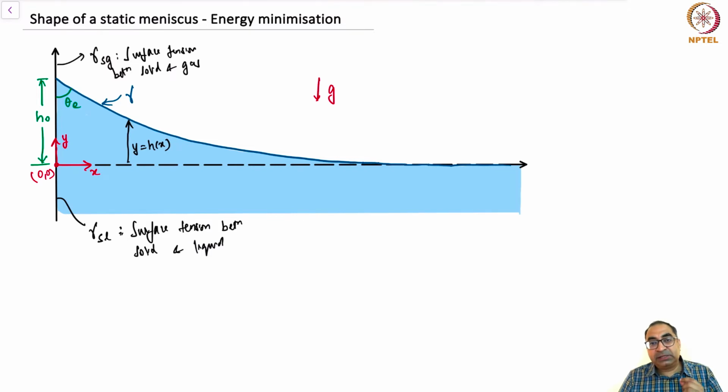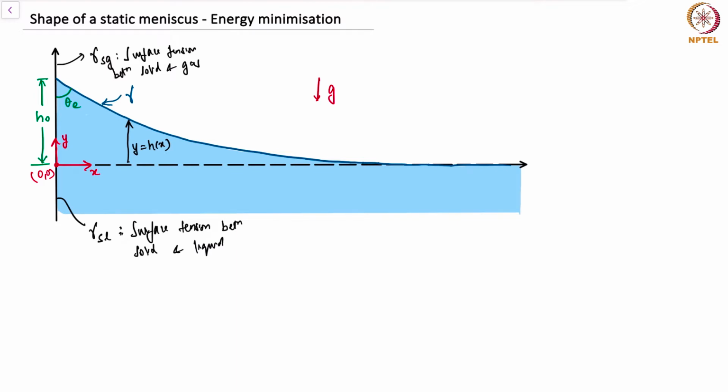And this angle that the interface forms at the wall, you expect it to be dependent on the interaction between the solid, the liquid, and the gas. So in other words, thermodynamics will play a role in determining this angle. This is of course in the static situation, and we will therefore have to deal with thermodynamic quantities such as gamma SL and gamma SG.